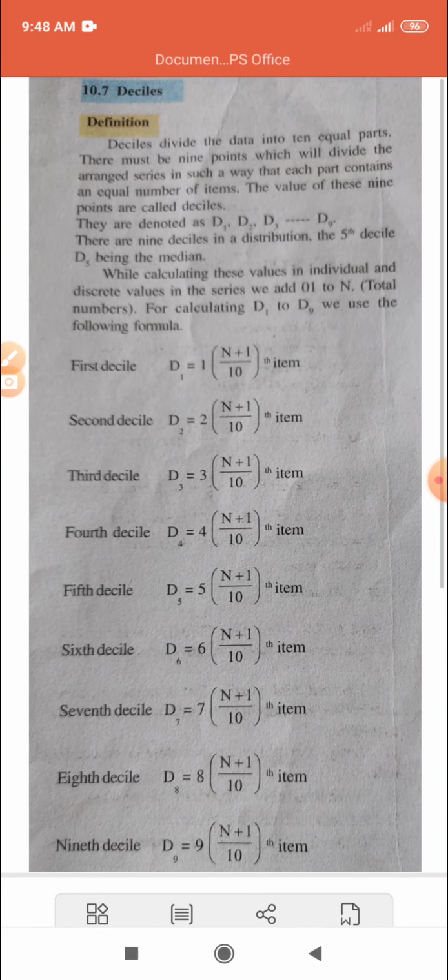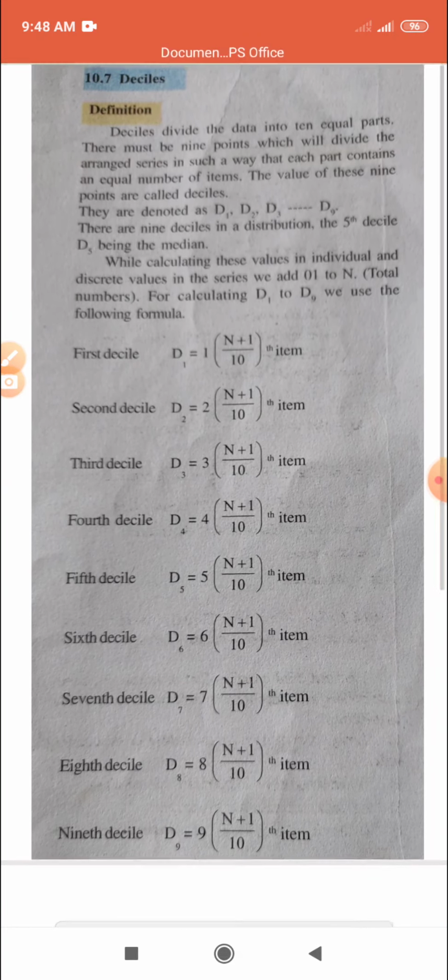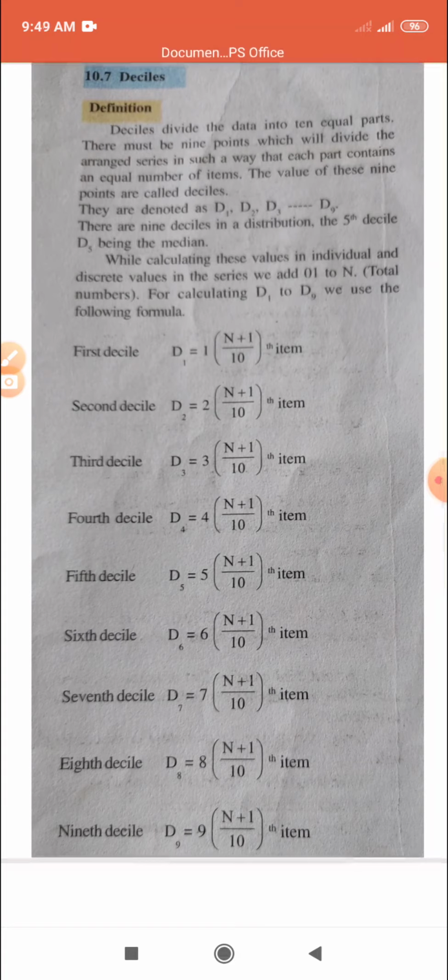First decile D1 is equal to 1 into (n plus 1) upon 10th item. Second decile D2 is equal to 2 into (n plus 1) upon 10th item.